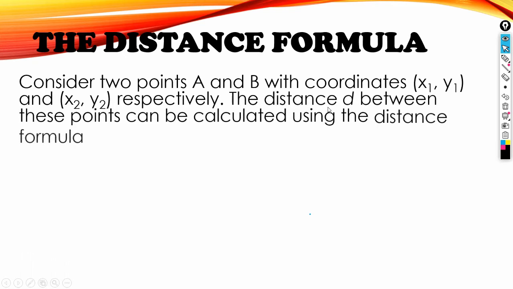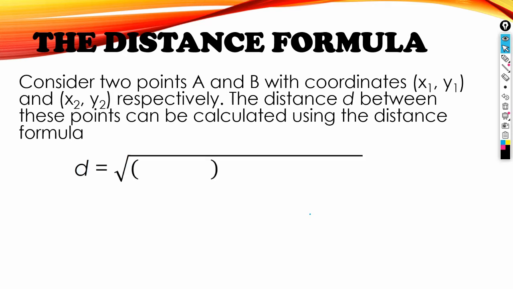The distance d between these points can be calculated using the distance formula. And the distance formula is d is equal to square root of x sub 2 minus x sub 1 squared plus y sub 2 minus y sub 1 squared.